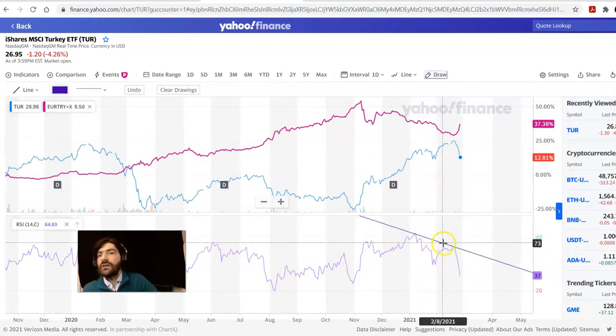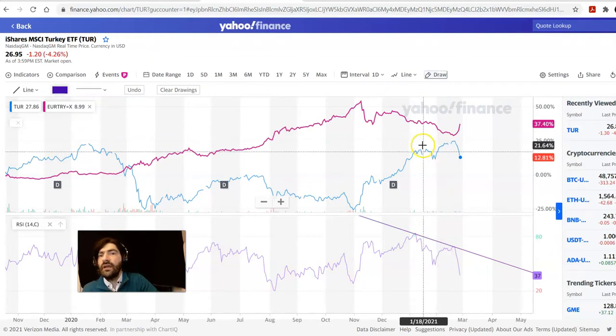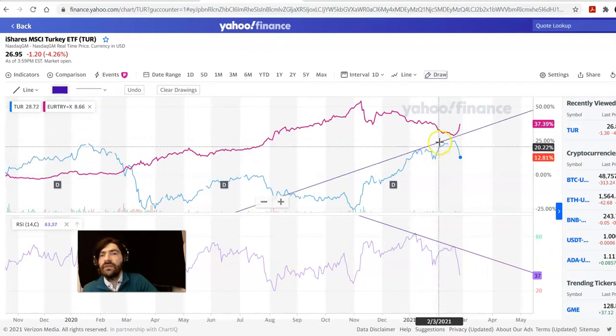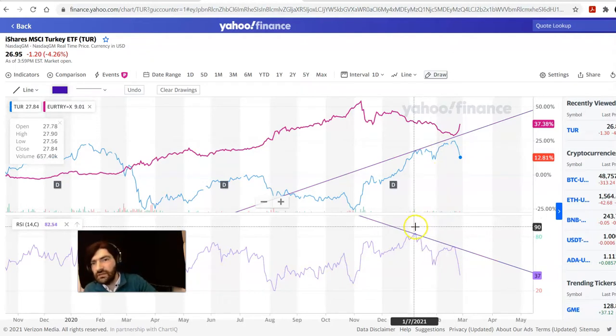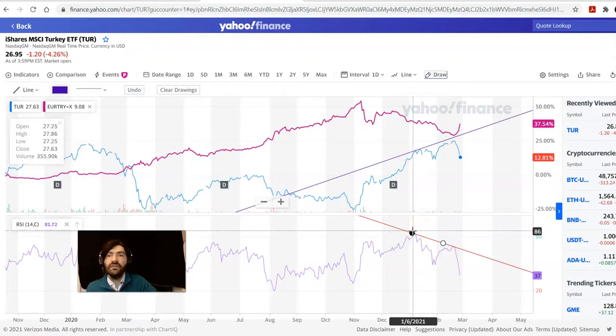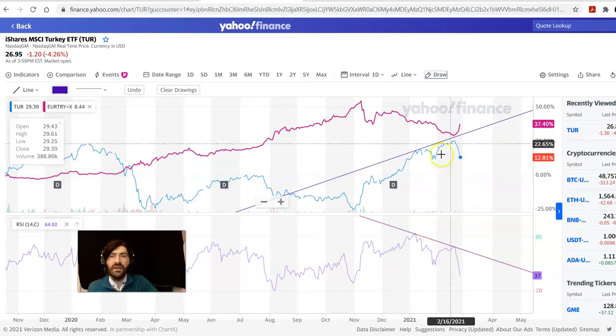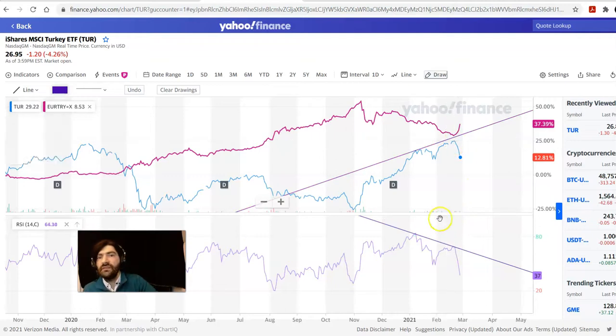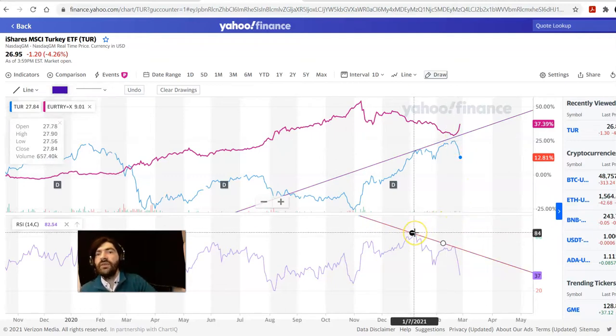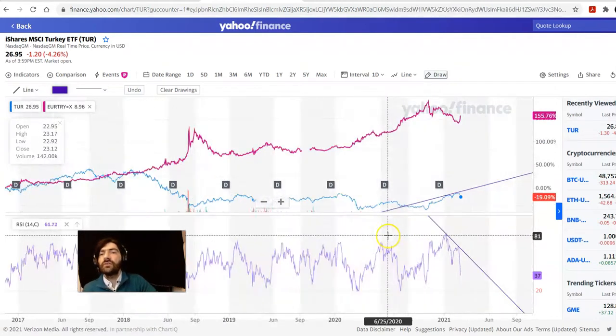You can see that there, and then here you can see that there. The divergence is obvious since the beginning of January, almost. Yeah, beginning of January, we had lower highs from the RSI and higher highs from the MSCI. The other thing that we noticed is that around here we hit the 80 plus level, which we hadn't seen for quite some time.